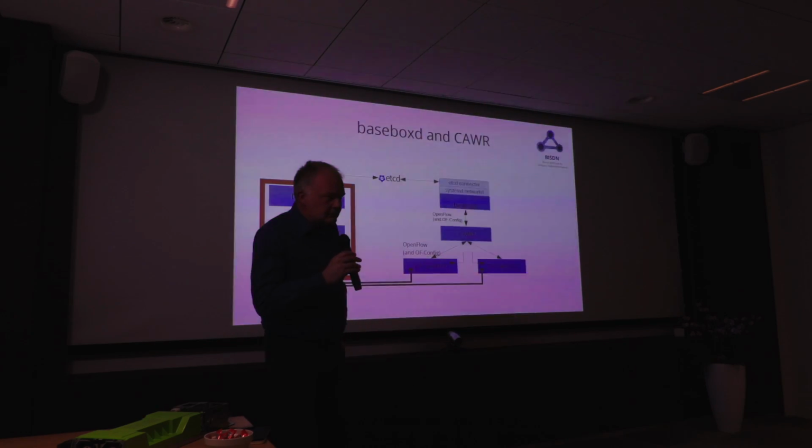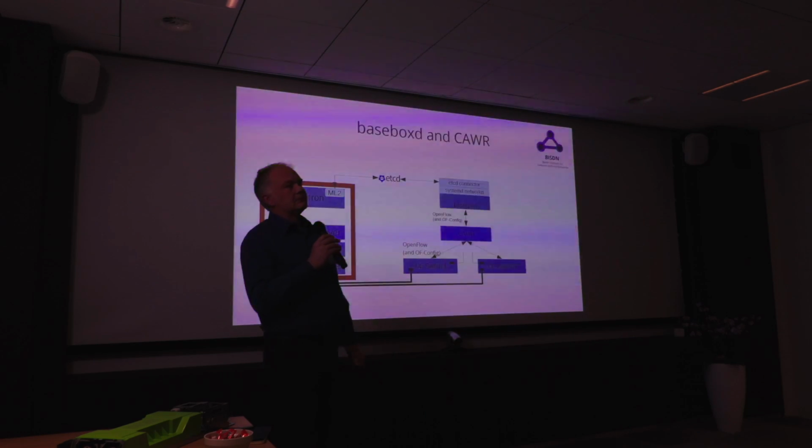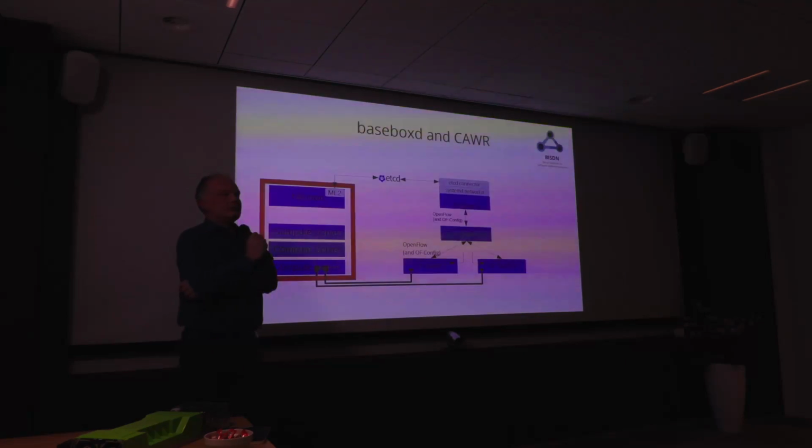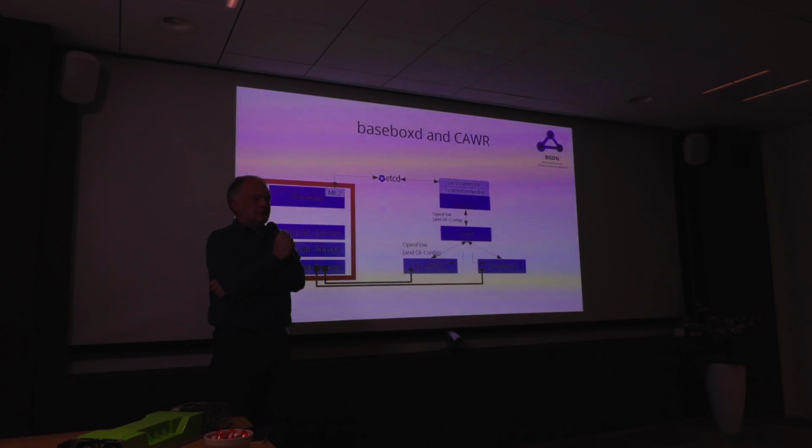One question. In terms of tunnel encapsulation and decapsulation, A, I'm not sure what is supported by Linux, and B, what is then transported through BaseBox D to OpenFlow? I think in Linux you have a lot of support for VXLAN, GRE, Geneve.